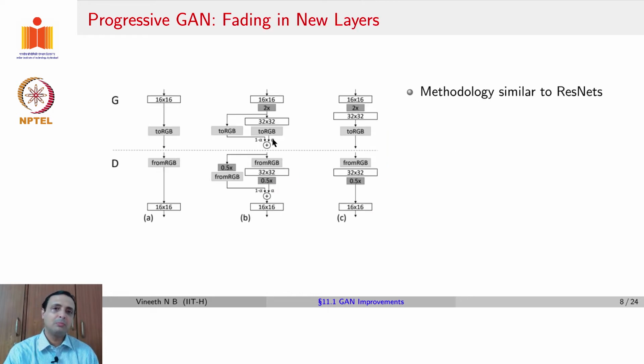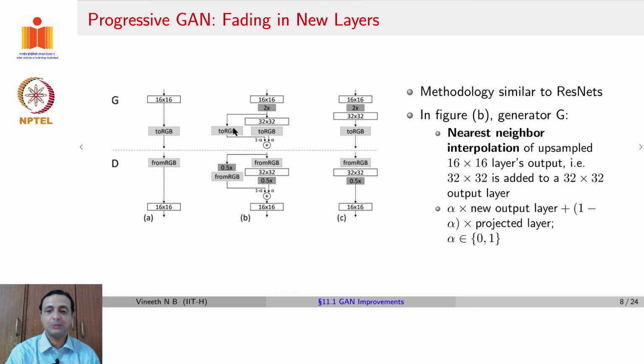Whenever the progressive GAN goes from generating a certain resolution to the next higher resolution, as I just mentioned, there are new layers introduced. How are these layers introduced? This procedure is very similar to ResNets. So you can see that in this subfigure B here in the image.